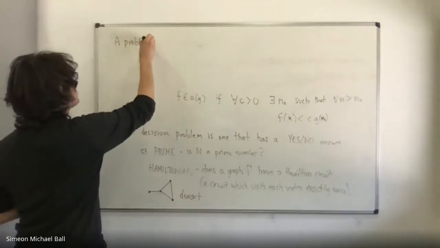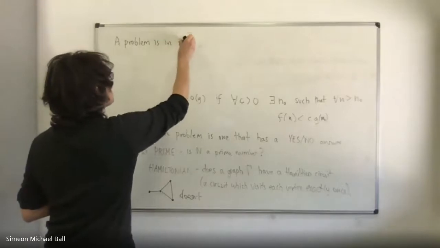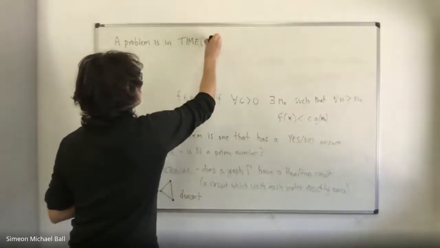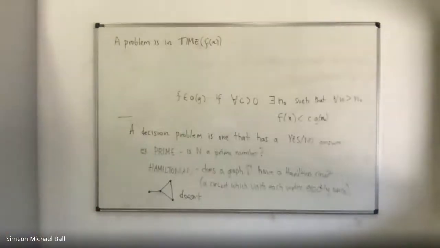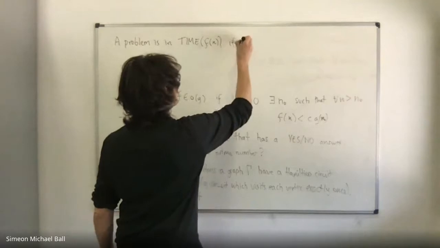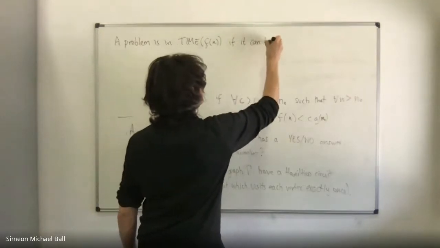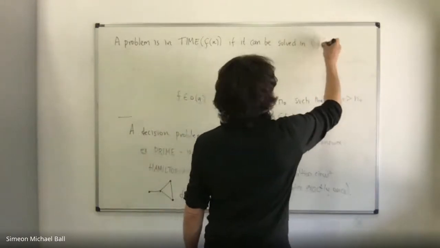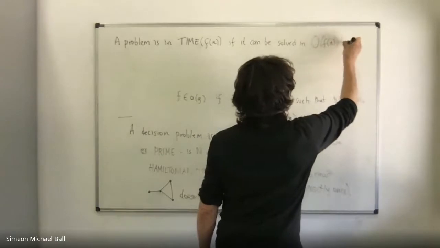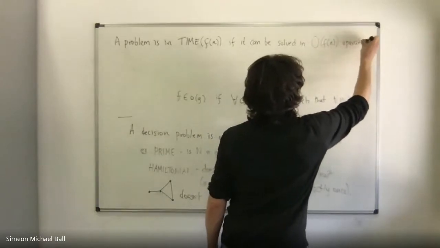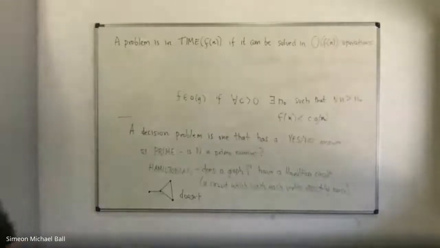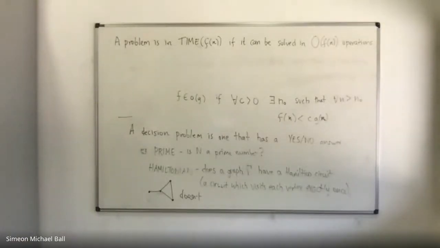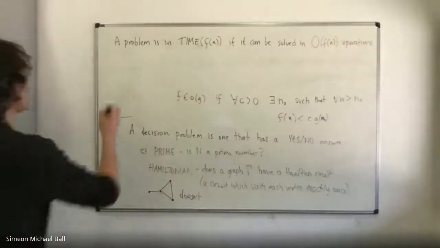So a problem is in time f(n) if it can be solved in big O f(n) operations. Now, these operations are on a Turing machine.